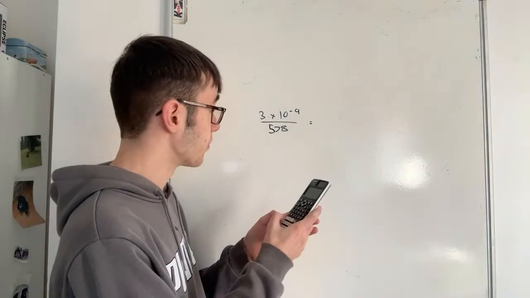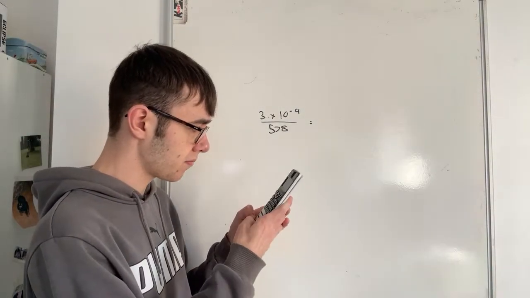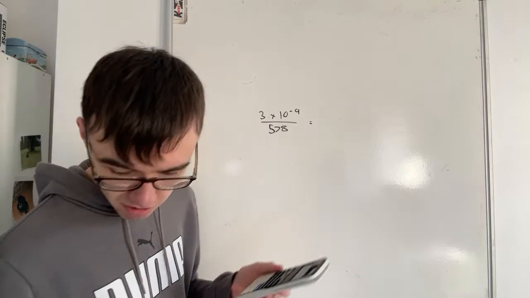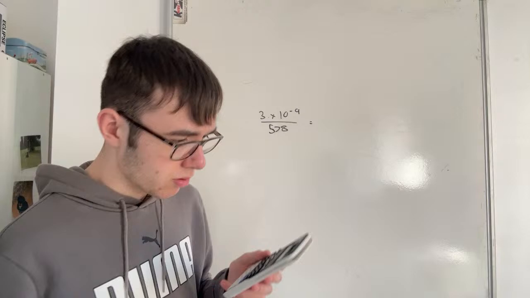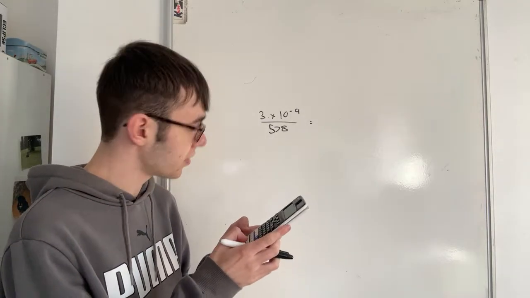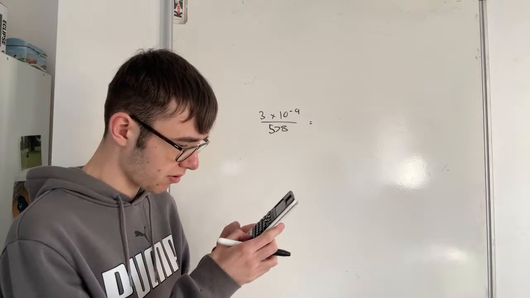So let's have a look, shall we? 3 times 10 to the power of minus 9 divided by 578. Oh, have I done it the wrong way? Maybe I have. 578 divided by 3 times 10 to the power of minus 9.